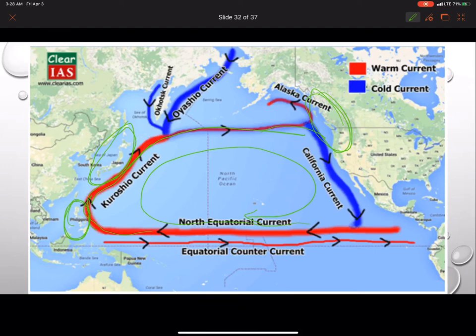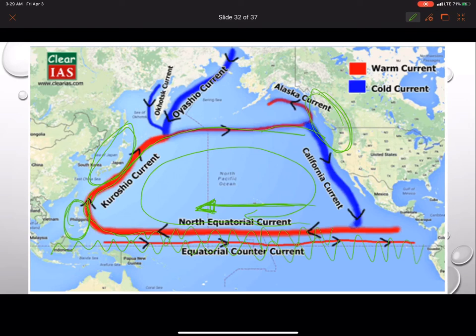And so all of this water, as you can see from the red lines right here, is also a warm water current, because you have all of the water coming up. This is the equator right here, so this is a warm area. All of this water is warm, being pushed by the wind out to the Asia side, and so this Kuroshio current is warm water.